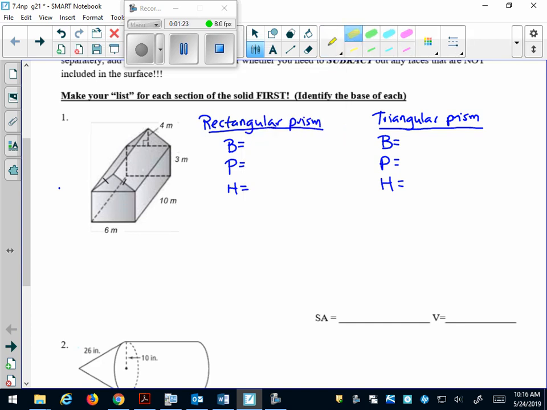So I'm going to use this front as my base of the rectangular prism. What's the base of the triangular prism? It's the triangle. Okay, those are the bases. So I'm going to do the rectangular prism first.